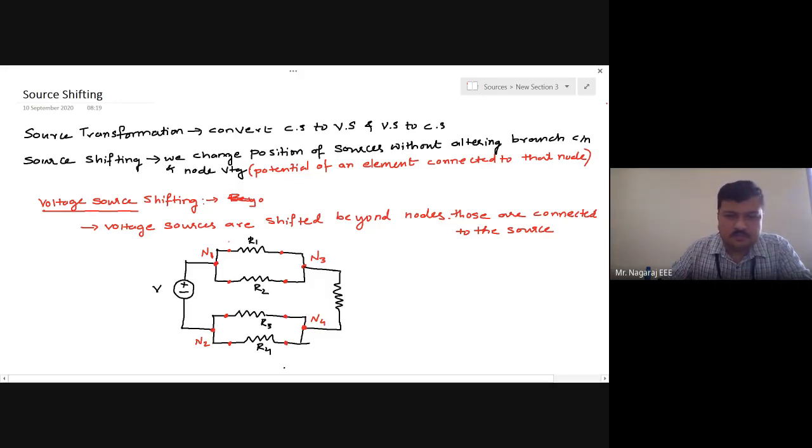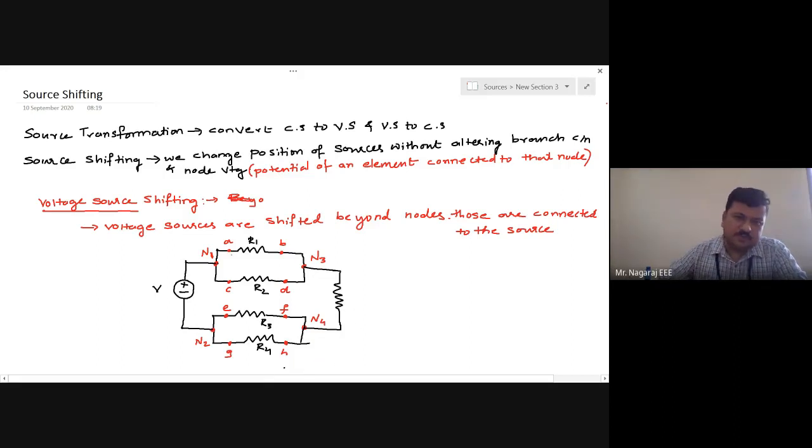Let me give the names A, B, C, D, E, F, G, and H. AB are the terminals of R1, CD are for R2, EF are for R3, GH are for R4.